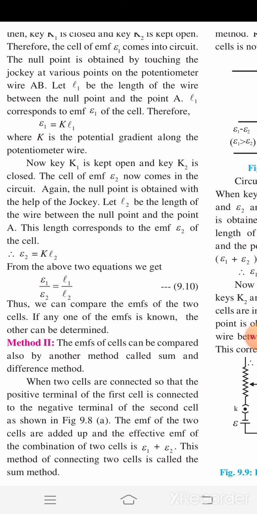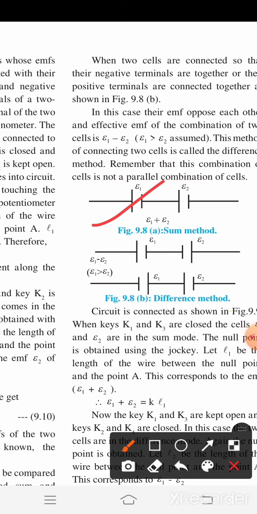In this method, two cells are connected so that the positive terminal of the first cell is connected to the negative terminal of the second cell, as shown in figure 9.8a. The positive terminal of cell E1 is connected to the negative terminal of cell E2, and the negative terminal of cell E1 is connected to the positive terminal of cell E2.